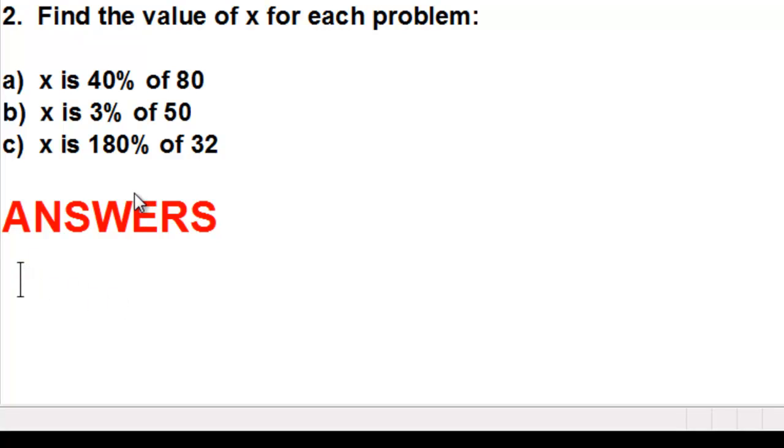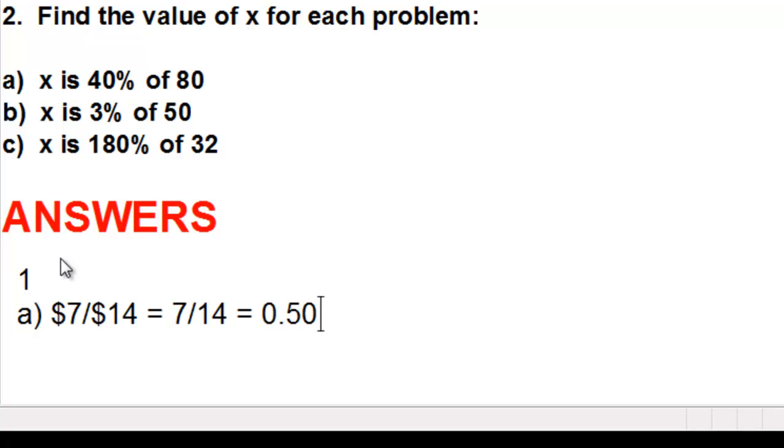For 1A, we have $7 out of $14, which we can just drop the units and go 7 divided by 14, 0.50, which becomes 50 out of 100, which then becomes 50%. Because remember, out of 100 means percent. So that's 50% for number 1A.